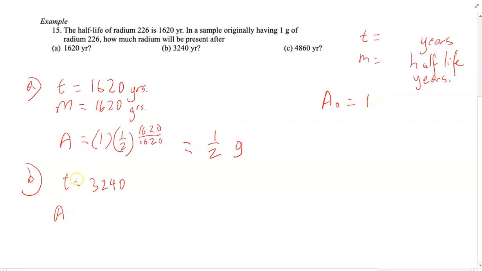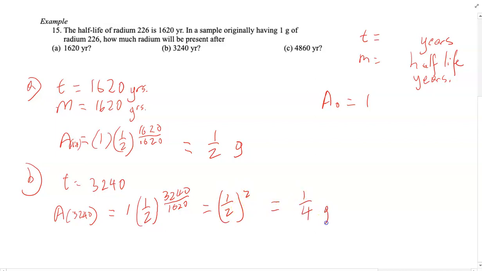So the amount at time 3240 is equal to 1 times 1/2 raised to 3240 over 1620, and so that would be equal to 1/2 squared, and that would be 1/4 of a gram.